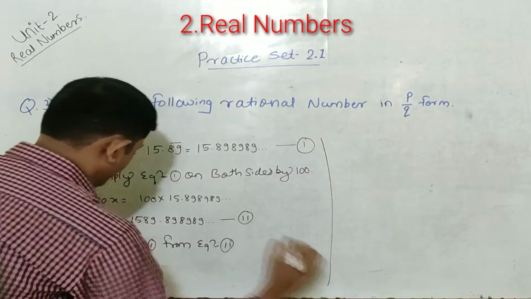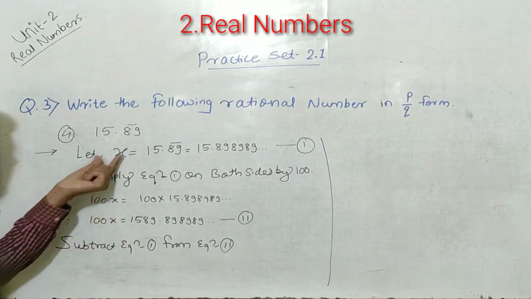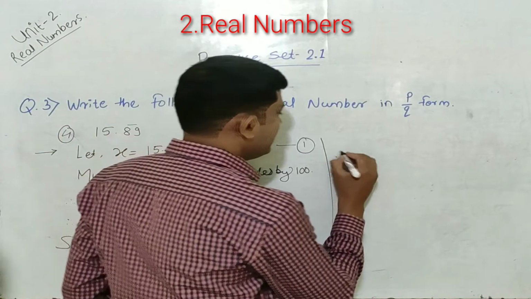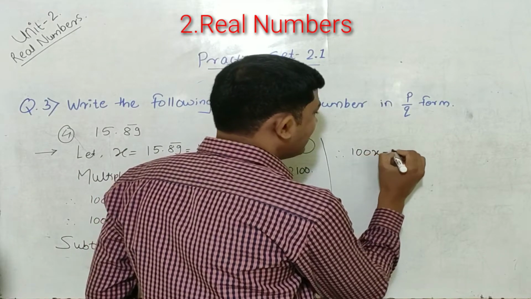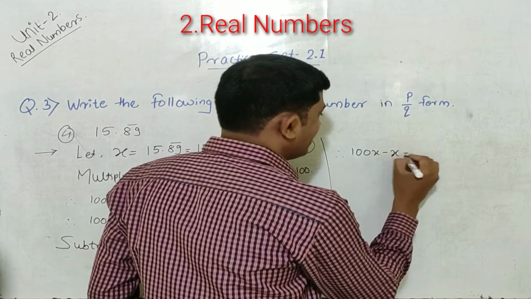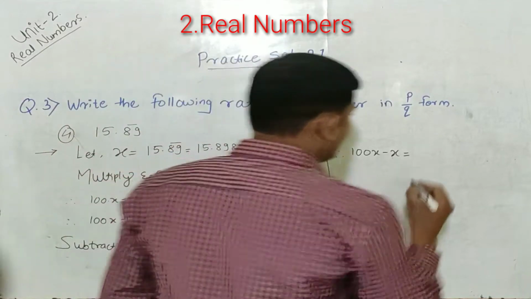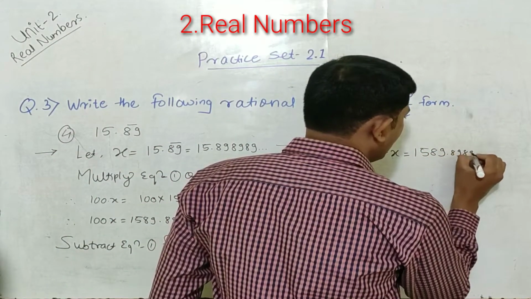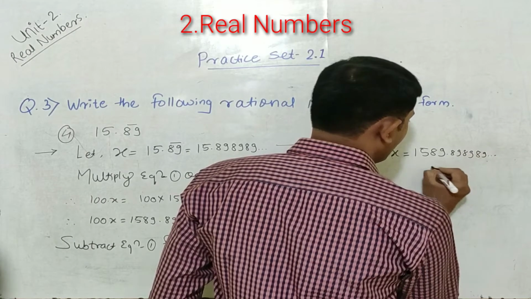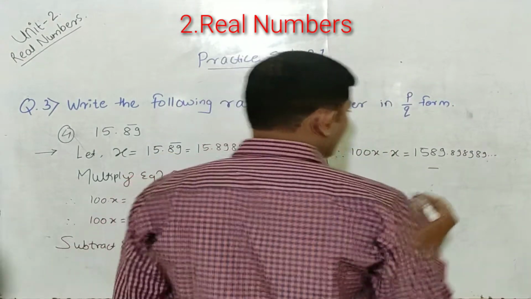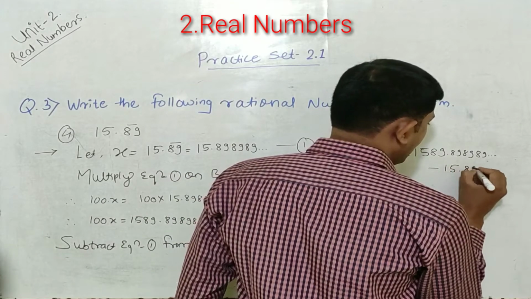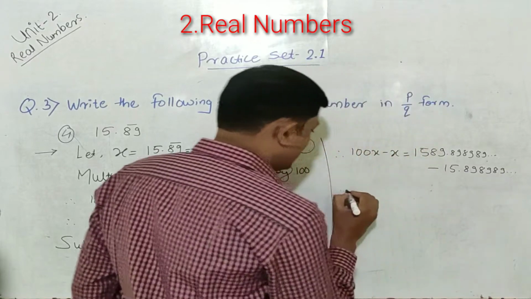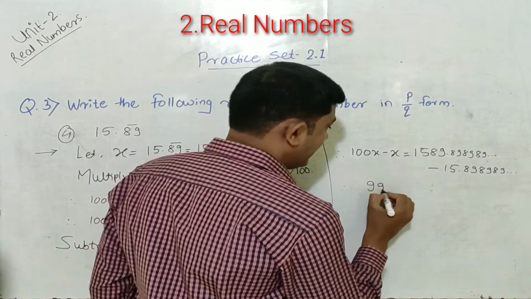What do we get? LHS will be subtracted from the LHS, RHS will be subtracted from the RHS. Therefore we get 100x minus 1x, which is equal to 1589.898989 subtracted by 15.898989 dot dot dot. It will be 99x.